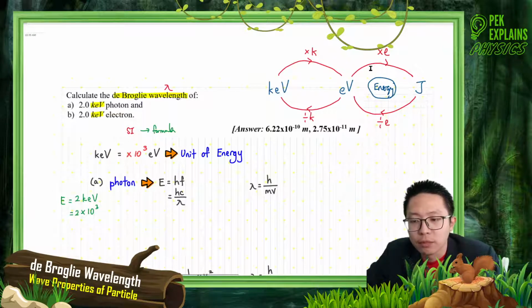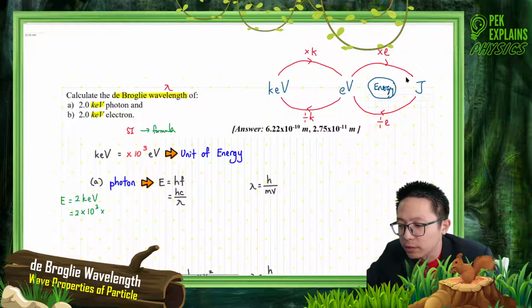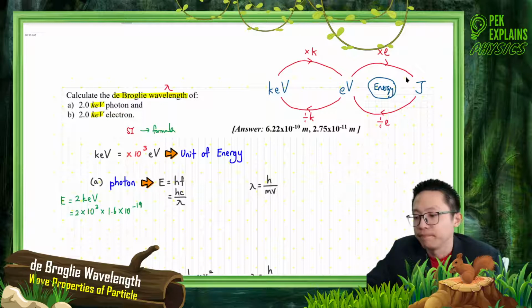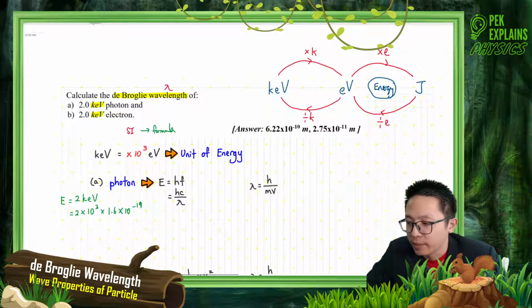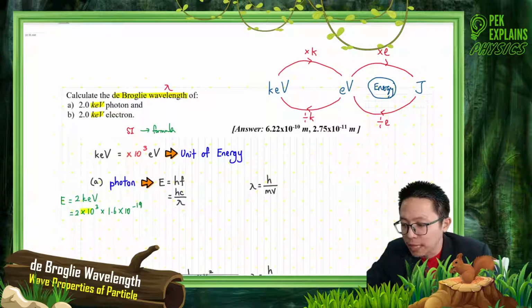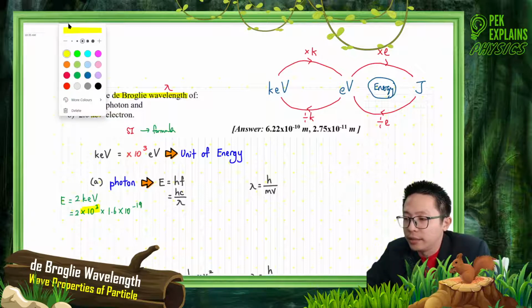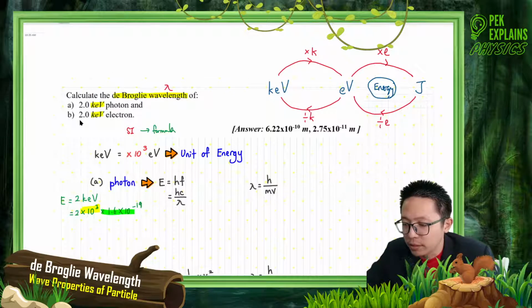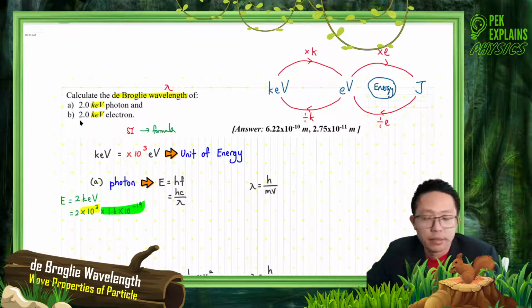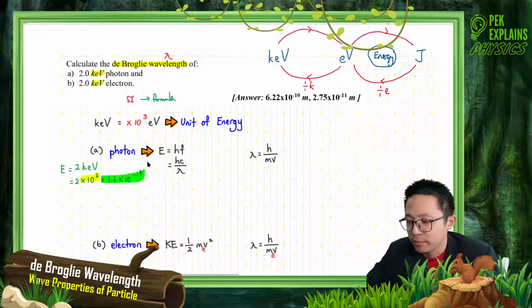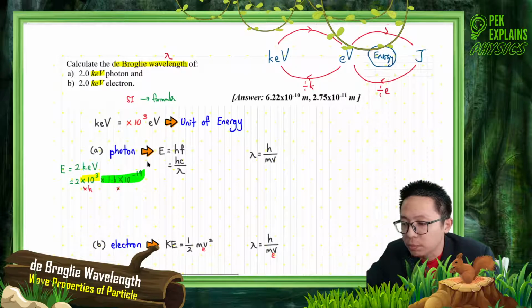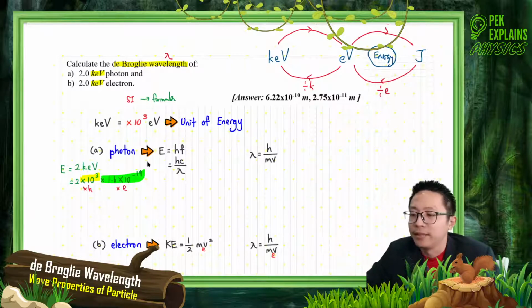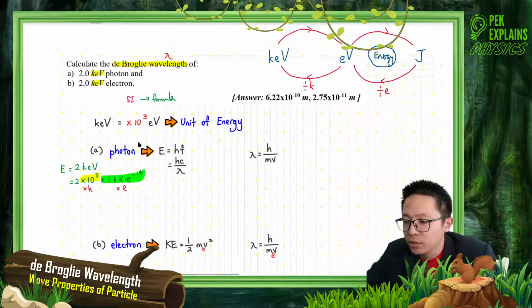I multiply electron charge, which is multiply 1.6 exponent negative 19, the charge of electron. This one I multiply kilo, and this one I multiply electron charge. After that, I surely get the unit in joule.